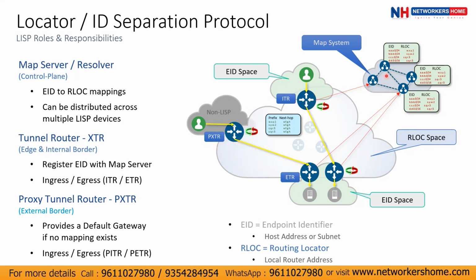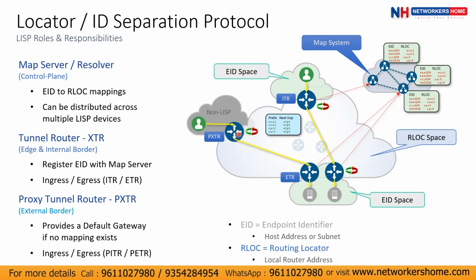That means any time your map server or control plane node gives a negative map response, this fabric edge node, this ITR, will query the PXTR node. The PXTR would be the proxy tunnel router, and that is the border node of your fabric.